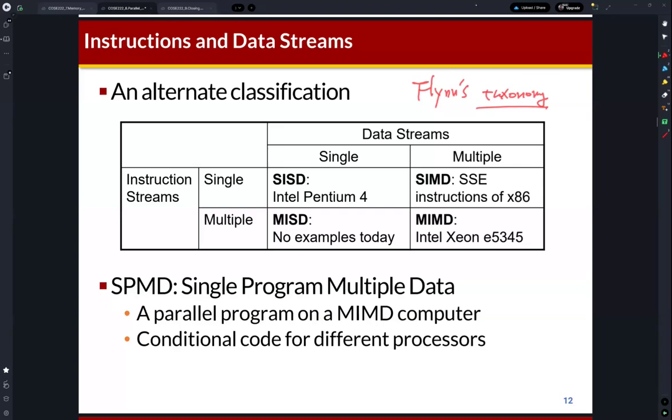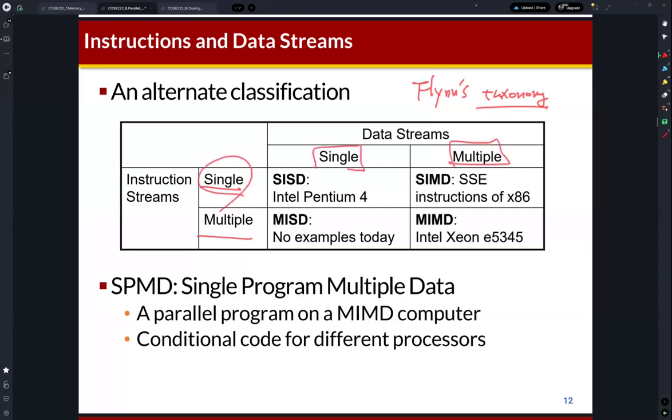So Flynn's taxonomy defines processors based on the class of instruction streams and the class of data streams. We can classify the instruction streams as single instruction or multiple instruction, and data streams as single data or multiple data.